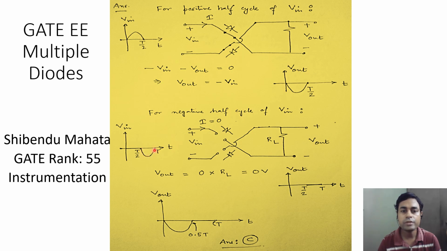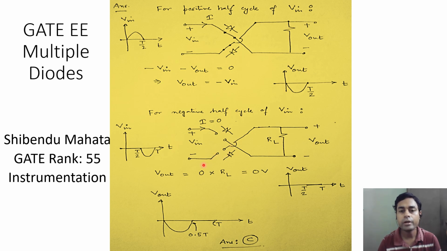Whereas for the negative half cycle of the input waveform, so we are considering the waveform from T by 2 to T seconds, we find that the current through the diode would have been in the opposite direction. That means it would have tried to flow from cathode to anode, and this is obviously not allowed because diodes are unidirectional elements.